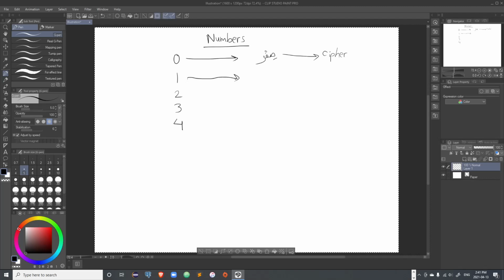Number 1 is called wahid. Number 2 is ithnan. Again, it starts with a connecting hamza.